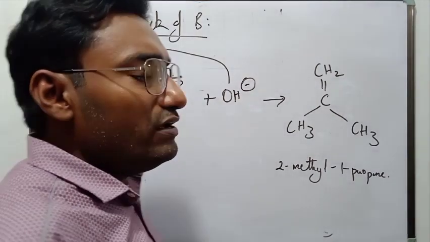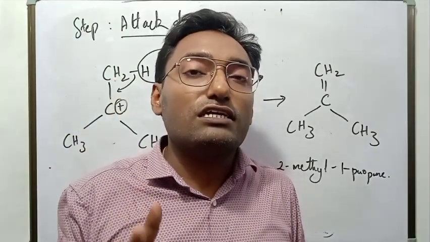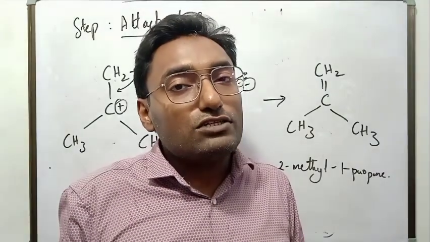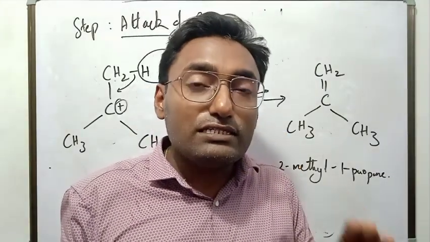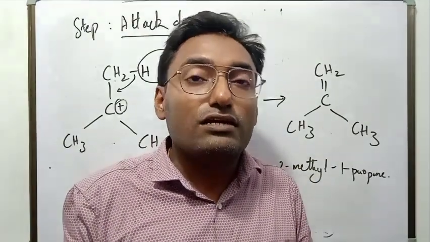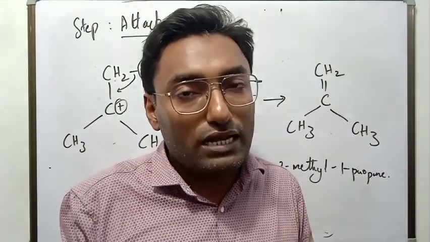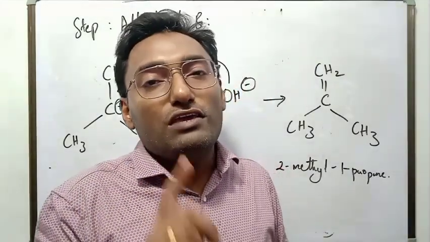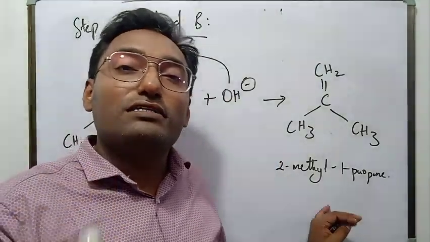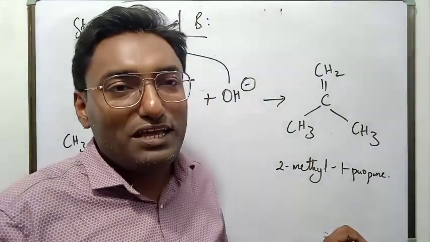In the E1 reaction, we have seen that the reaction consists of two steps. The first step is ionization of the substrate. So ionization is inevitable. Only those alkyl halides that form stable carbocations will show the E1 reaction. Stable carbocation is only formed by tertiary alkyl halide, so they will definitely show the E1 reaction, and there are two steps we have seen.